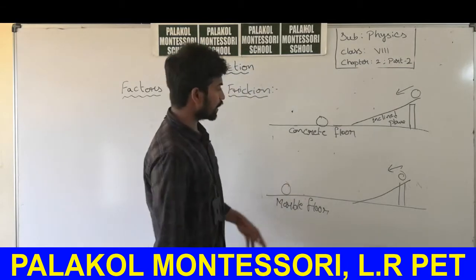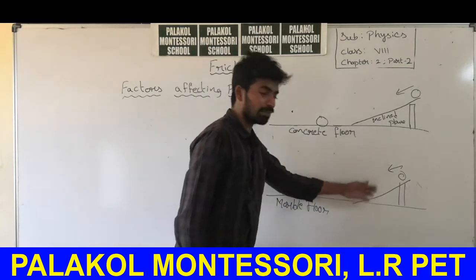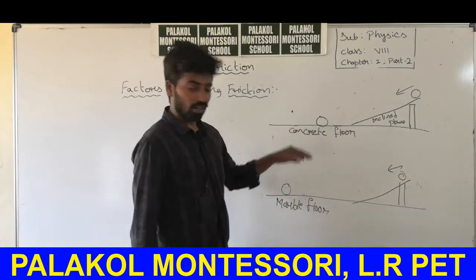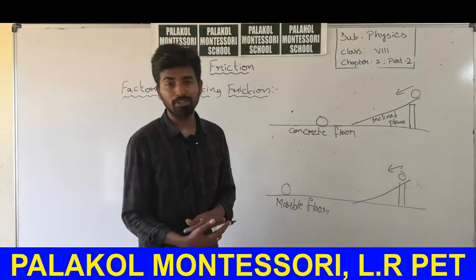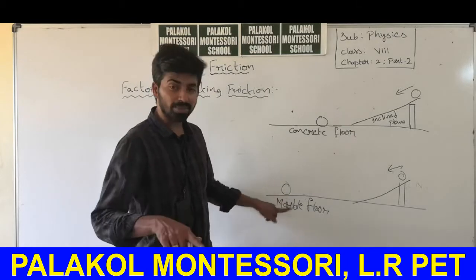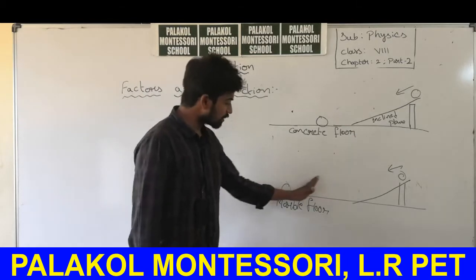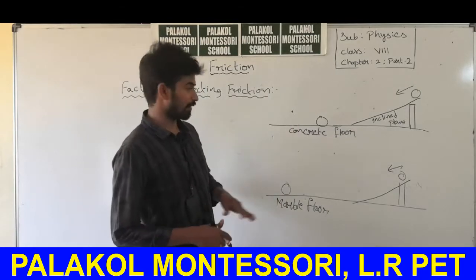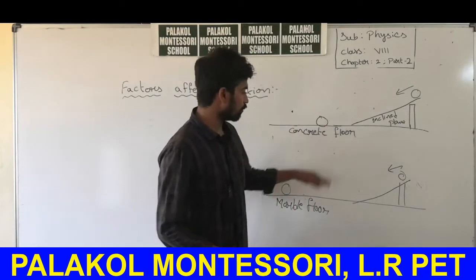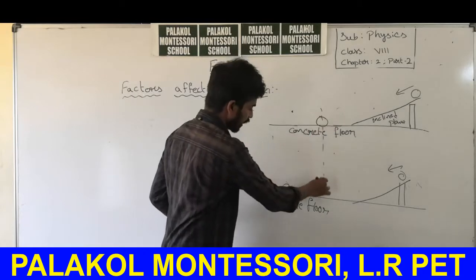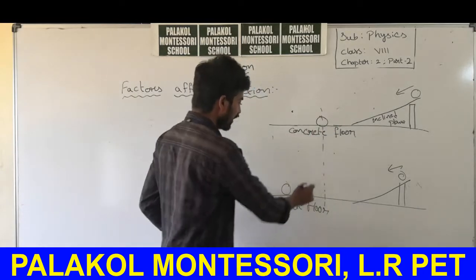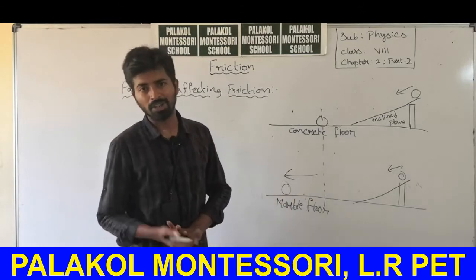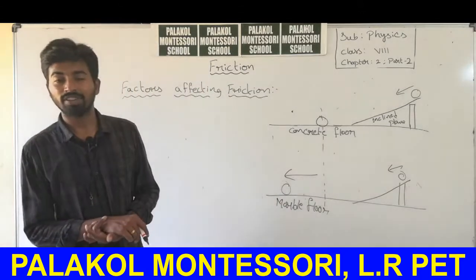So, what have you observed? The inclined plane is the same in both cases, but what you have changed is that here you have a concrete floor, and here you have a marble floor. On the marble floor, the ball travels a larger distance compared with the concrete floor. Why did this happen?